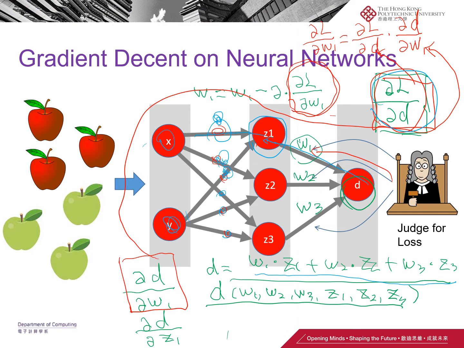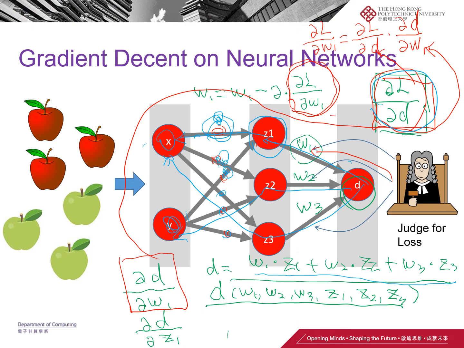Then we are passing them back to here and back to here. If we have more layers or nodes there, we're passing the partial derivative back through the reverse direction of that calculation.